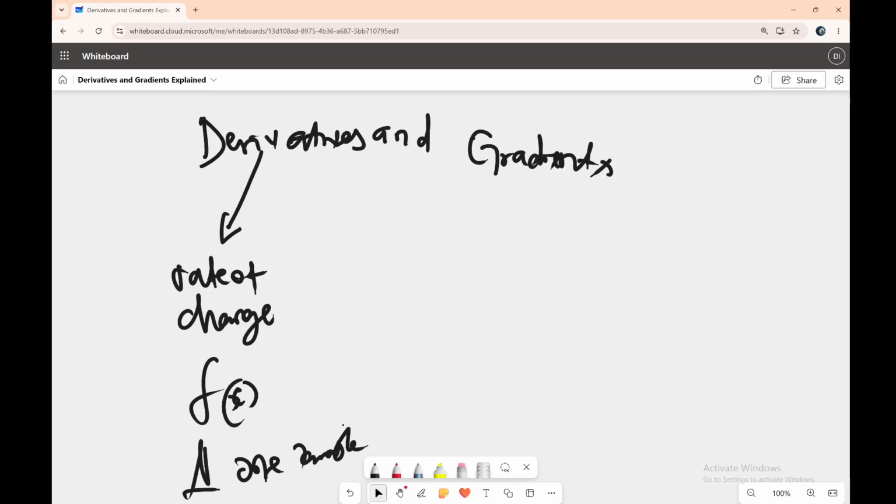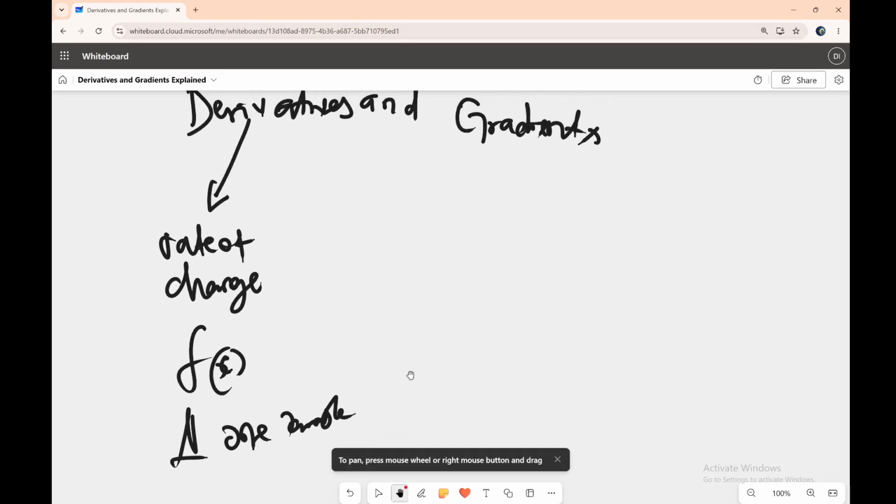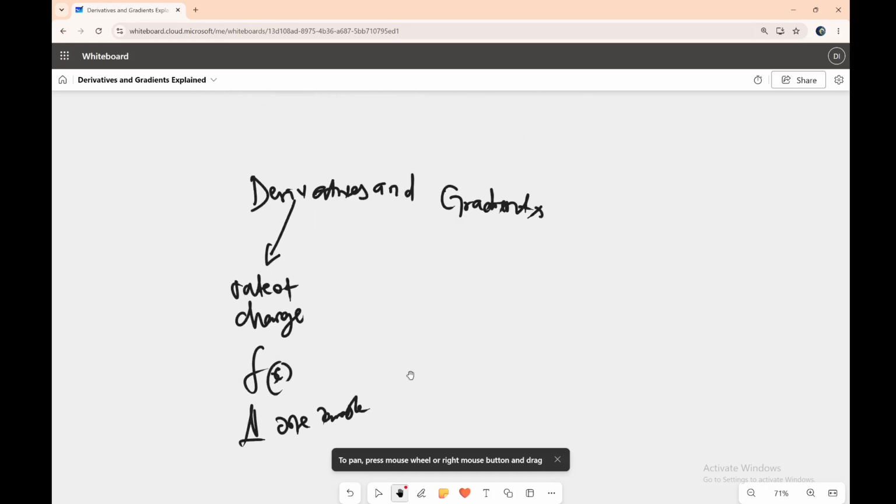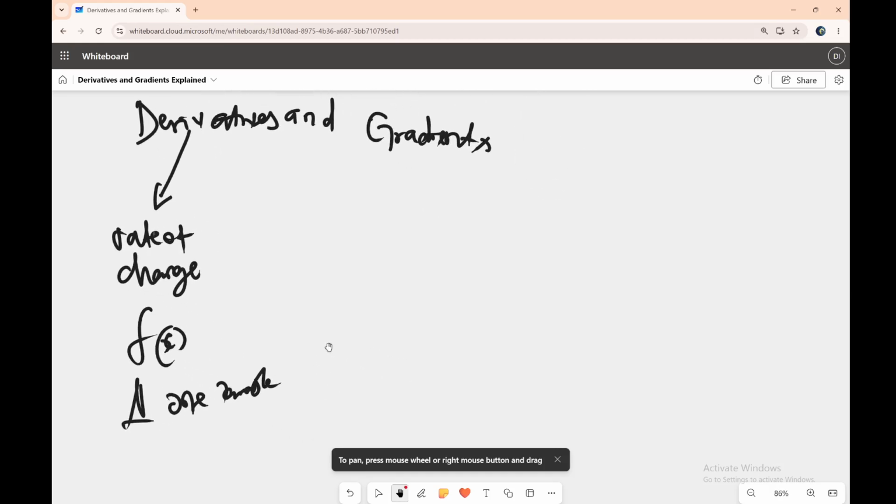So if we're talking about derivatives, what interests us is that we are trying to measure that change with respect to what? One variable. Now, for gradients, we're trying to measure the rate of change with respect to all variables simultaneously.